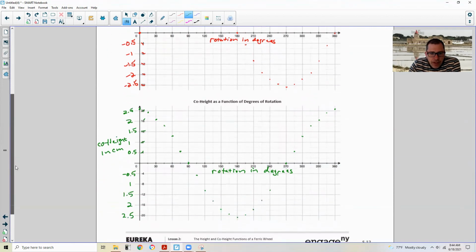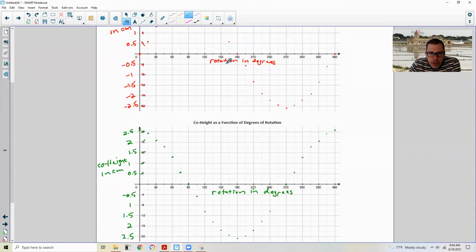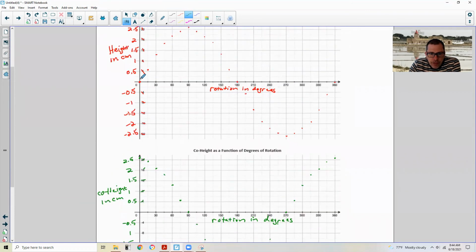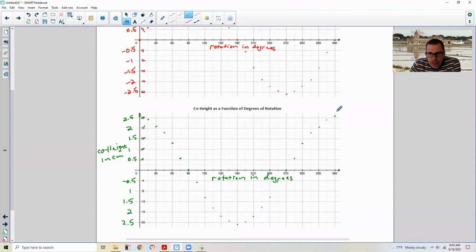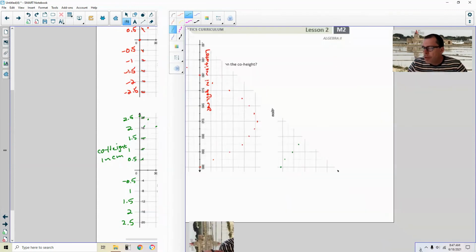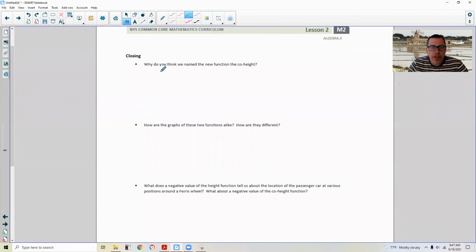This one, starting at the maximum, coming down to 0, and then down to the minimum and back up, is really this function shifted 90 degrees to the left. So if I move this whole graph over 90 degrees, it would match this with this piece cut off, of course, and then repeating over here. This is a cosine function. All right. Okay, so let's wrap this up in the closing.